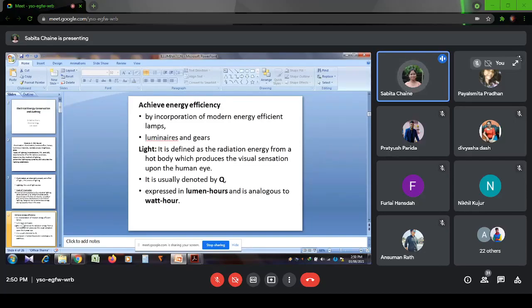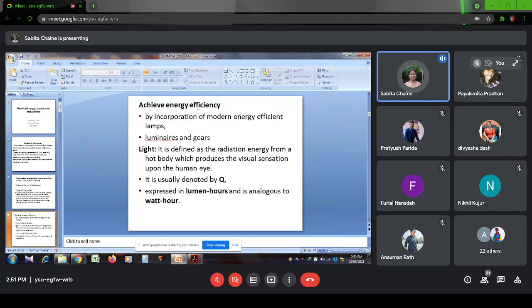Then how will you achieve energy efficiency? The points to achieve energy efficiency: the first point is by incorporating modern energy efficient lamps, luminaires and gears. I will explain all the terms: how to find the efficiency of the lamp, the luminaires, and the glare.